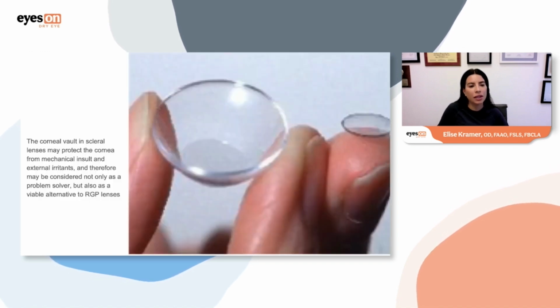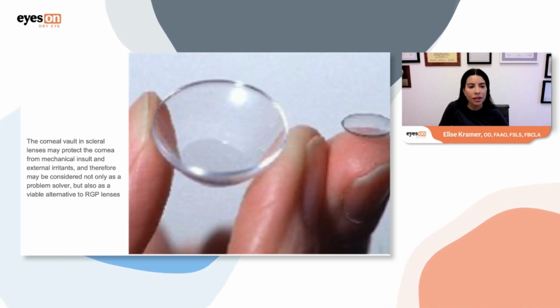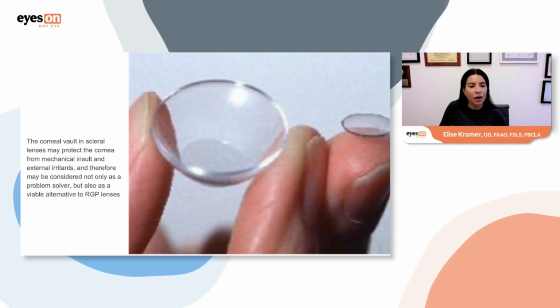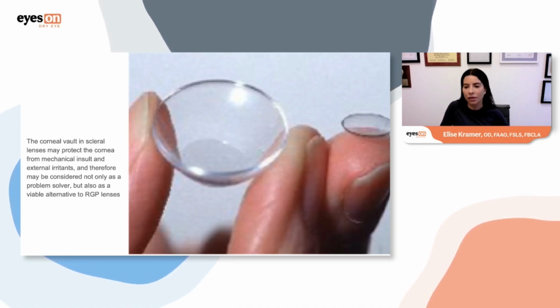This corneal vault in scleral lenses can protect the cornea from mechanical insult and external irritants, as I mentioned, and therefore they can be considered not only as a problem solver, but also as a viable alternative to smaller rigid gas permeable lenses.